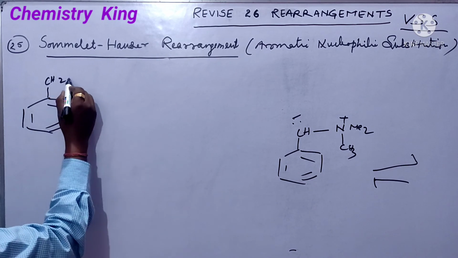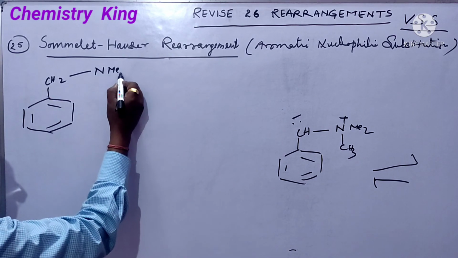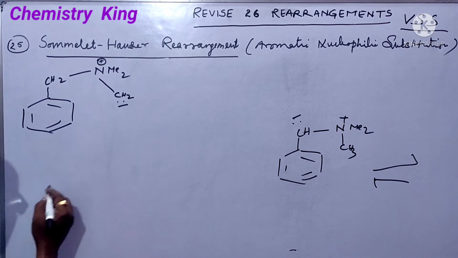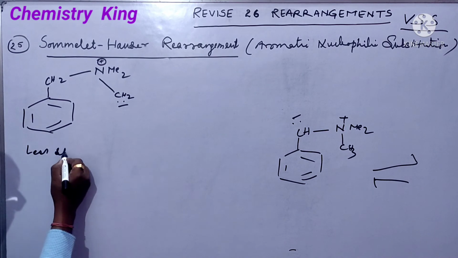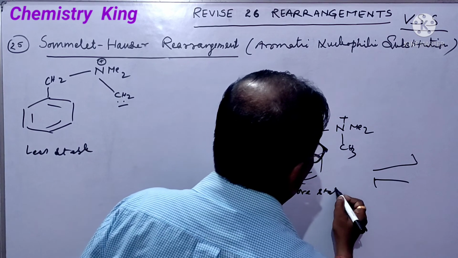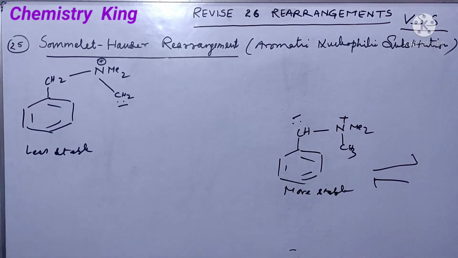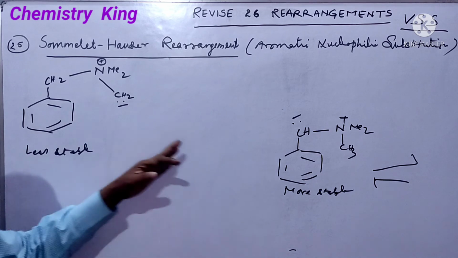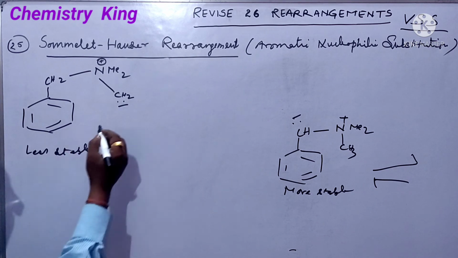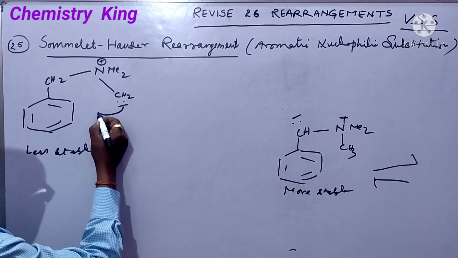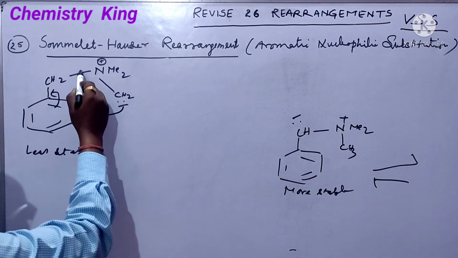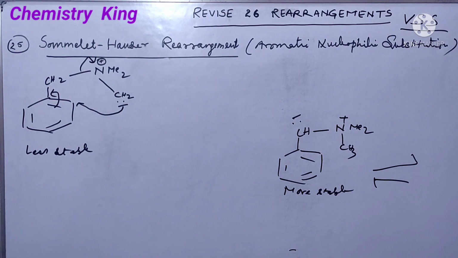Here CH2 and Me2 plus, CH2 minus. It is less stable and this one is more stable. Even then, it changes into this due to a certain purpose, and the purpose is that it will attack here, it will come here, and it will come here.